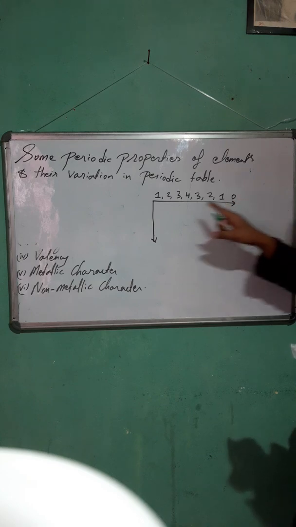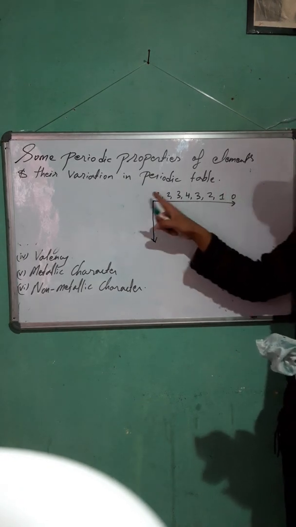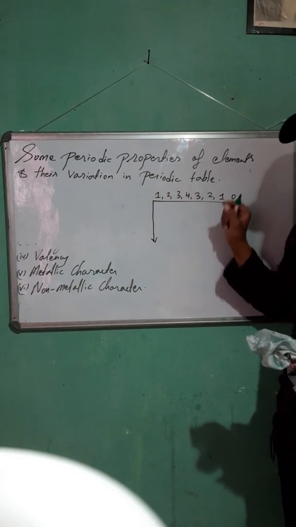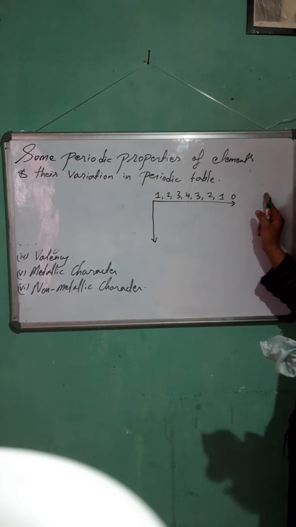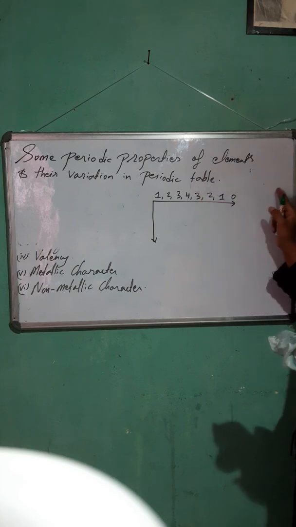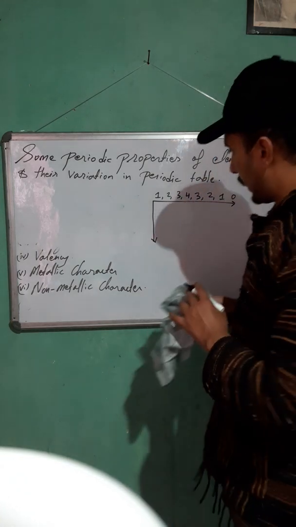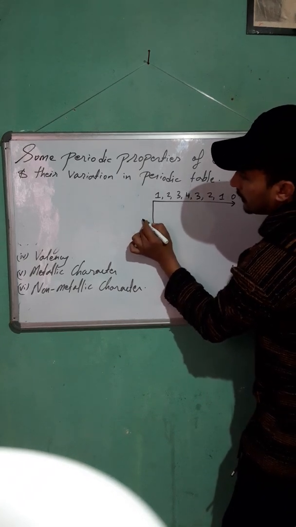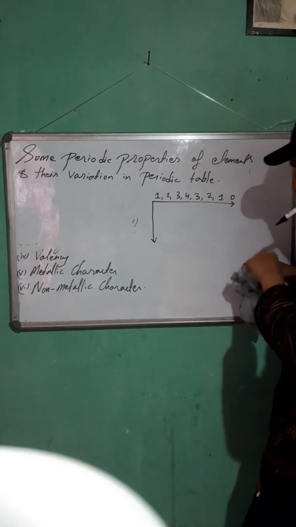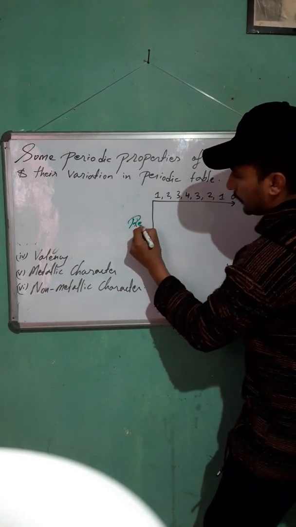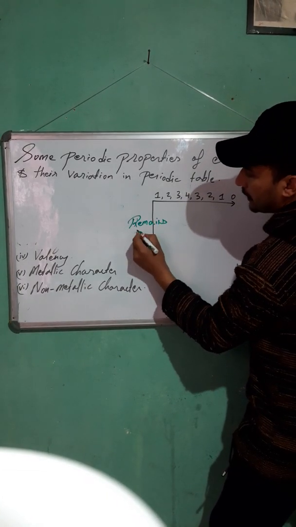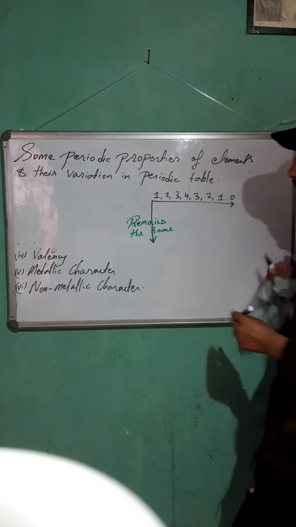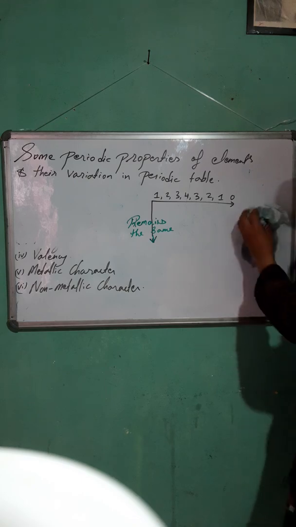So across a period from left to right, valency of an element increases from 1, 2, 3, 4, and then again it decreases to 3, to 1 and ultimately 0. Next, down a group, it remains constant or the same. So valency we have completed.